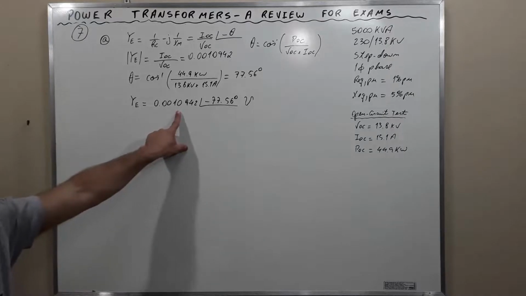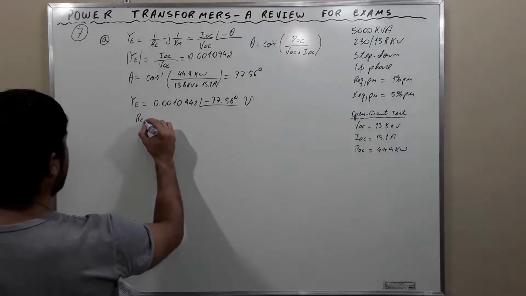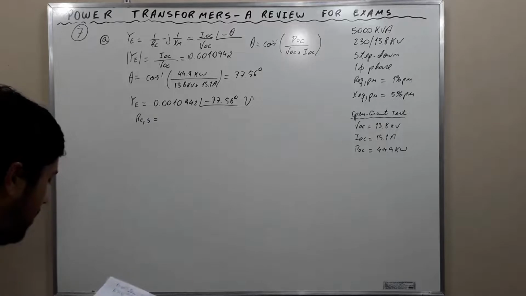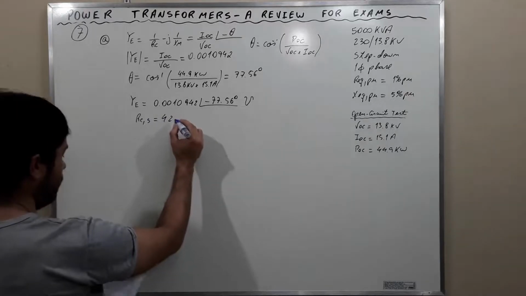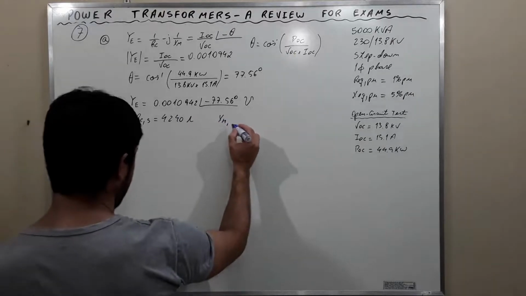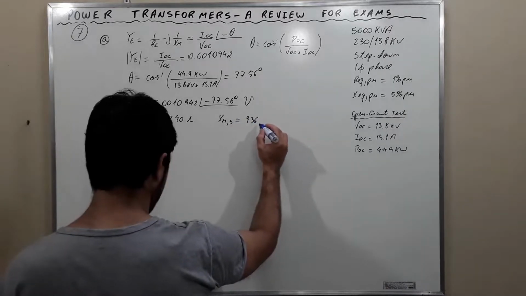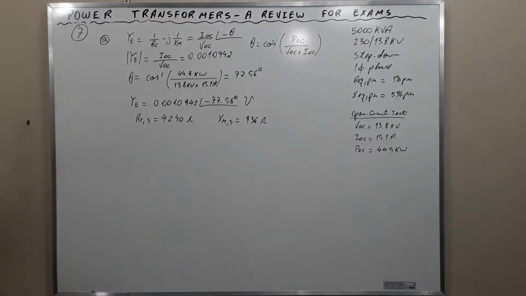Converting this polar form to Cartesian, we find that RC referred to the secondary side is 4,240 ohms, and the XM referred to the secondary side is 936 ohms. Okay, we already know then the values of the components of the excitation branch.